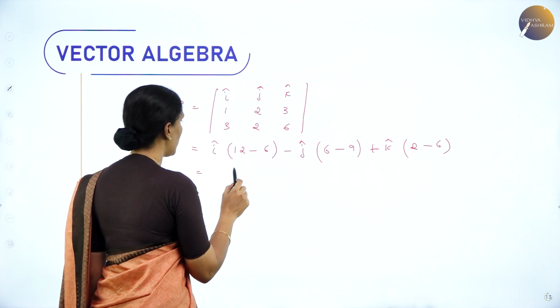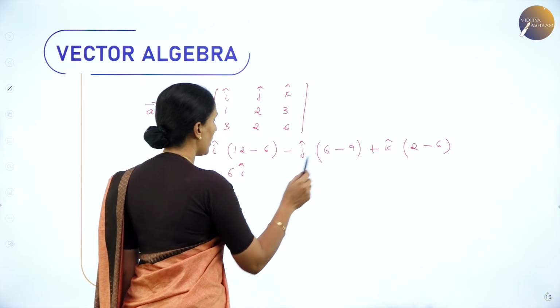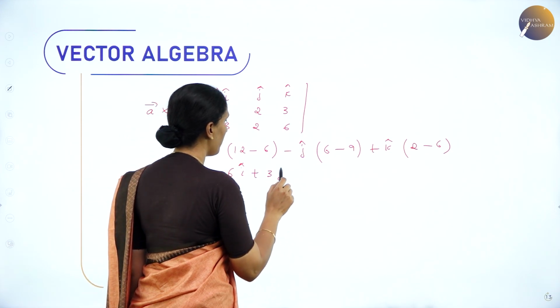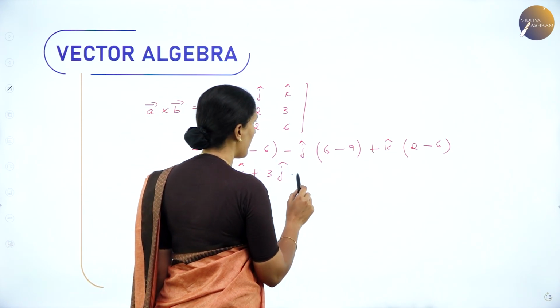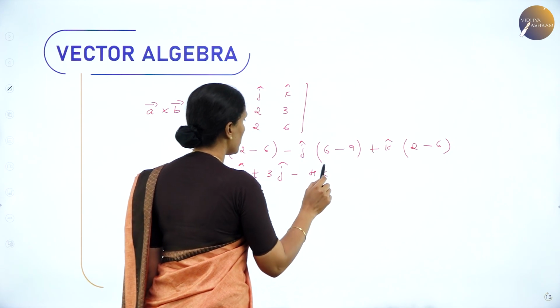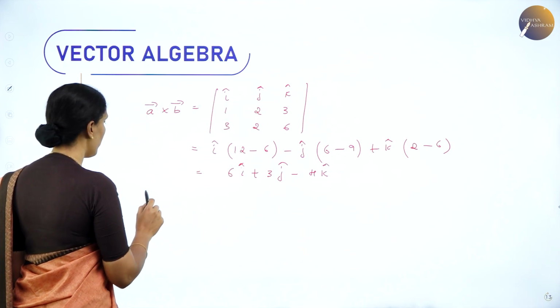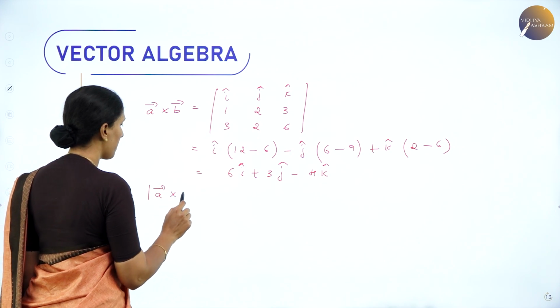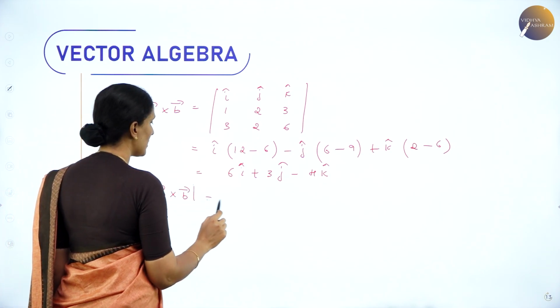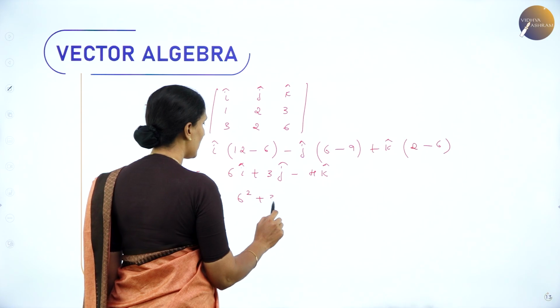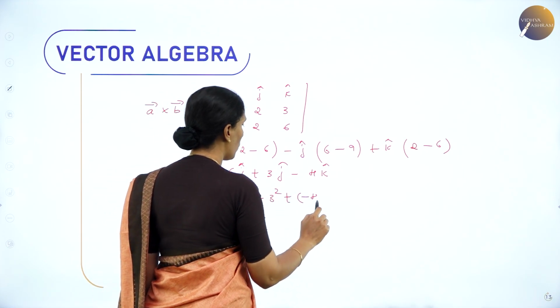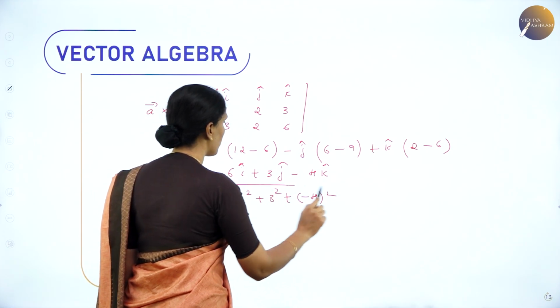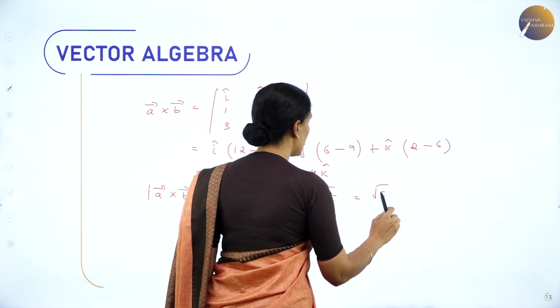So this is equal to 6i plus 3j minus 4k. This is our a cross b. We need the magnitude of a cross b. That is equal to the square root of 6 square plus 3 square plus (minus 4) whole square, which is equal to root 61.